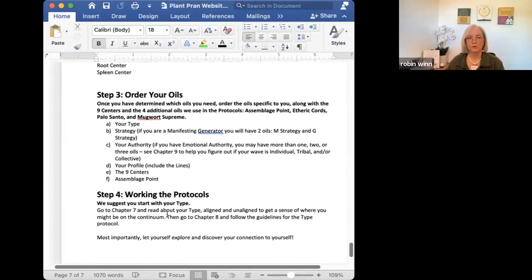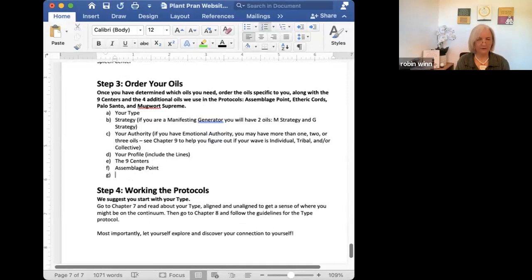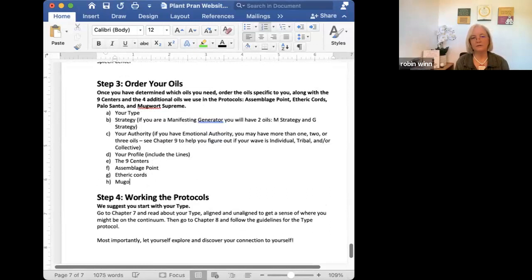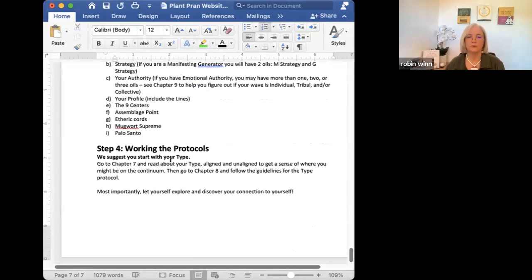So you're going to order your oils: your type, your strategy, your authority, your profile including the lines, the 9 centers, the assemblage point, the etheric cords, the mugwort supreme, and the Palo Santo. Those are the oils if you're going to work with the protocols.